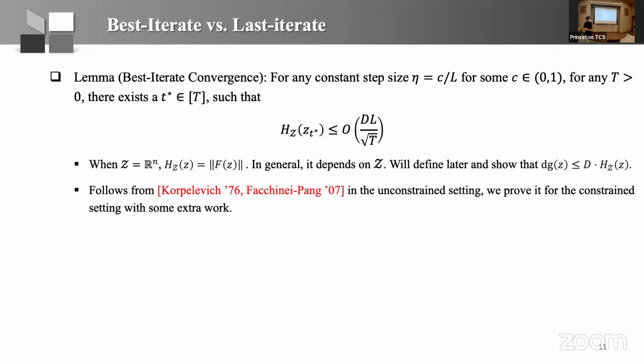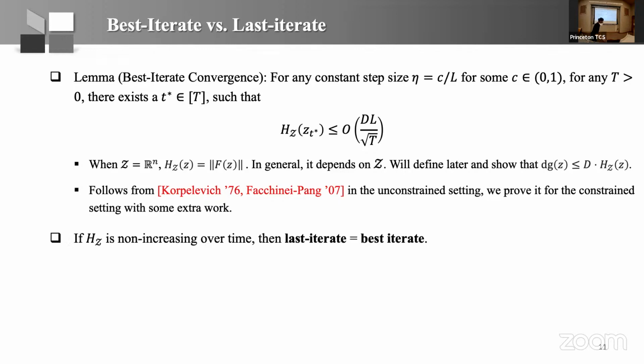So that should also be another way to think about convergence. And this is something that's not hard to prove, either in the constrained or unconstrained case. You can say the norm of the gradient of the best iterate is of this scale.